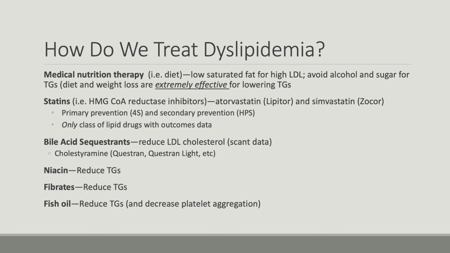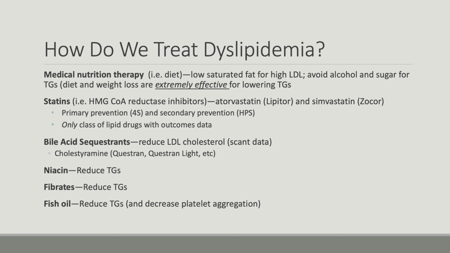The drugs that we use for these patients are statins, and those are the ones that have the most evidence behind them, the best studies. So atorvastatin, simvastatin, rosuvastatin is one of the more recent ones.